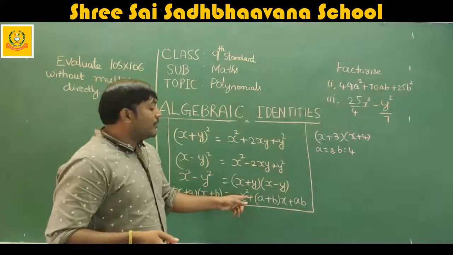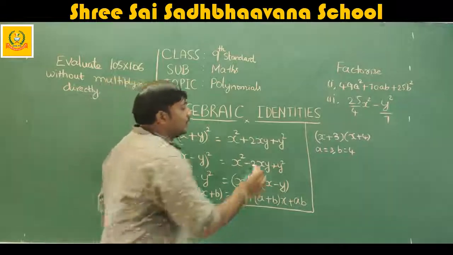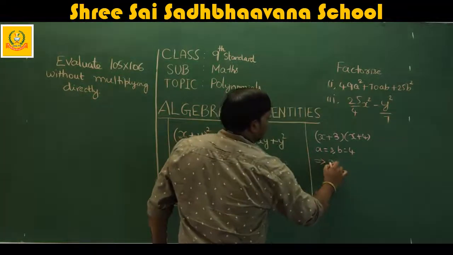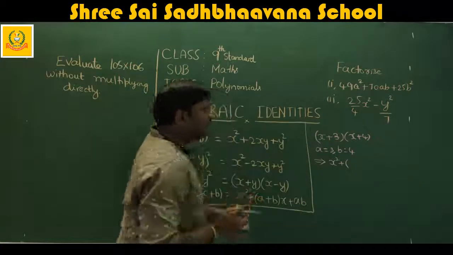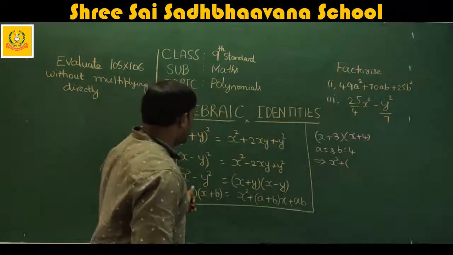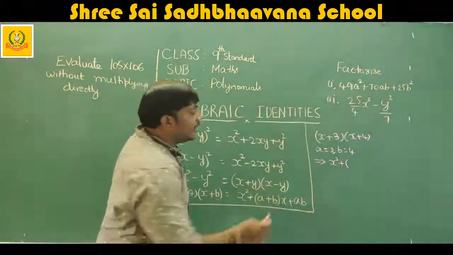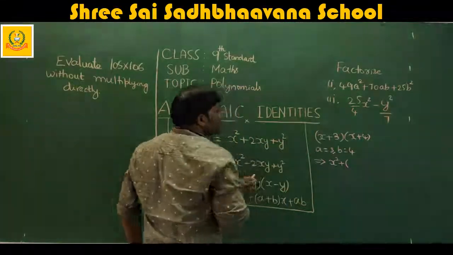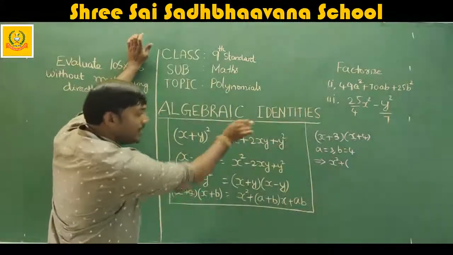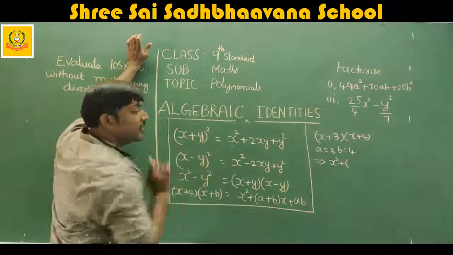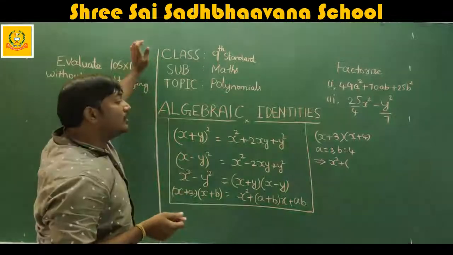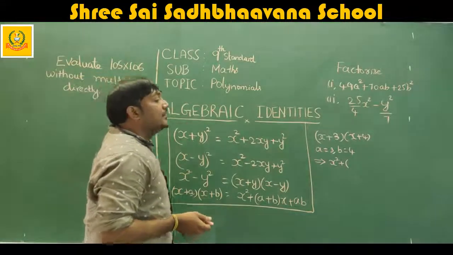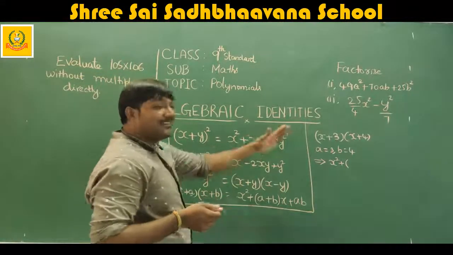So a value is 3 and b value is 4. What is the formula we have? x square plus a plus b. See, x didn't change. We have the same x terms here, but in the place of a, we have 3, and in the place of b, we have 4. So only the a value and b value we take as 3 and 4. x is as it is.